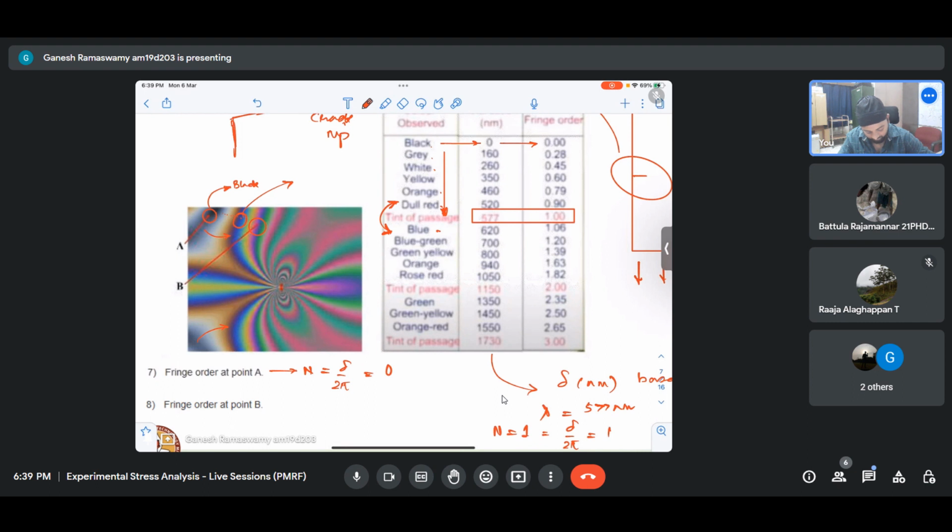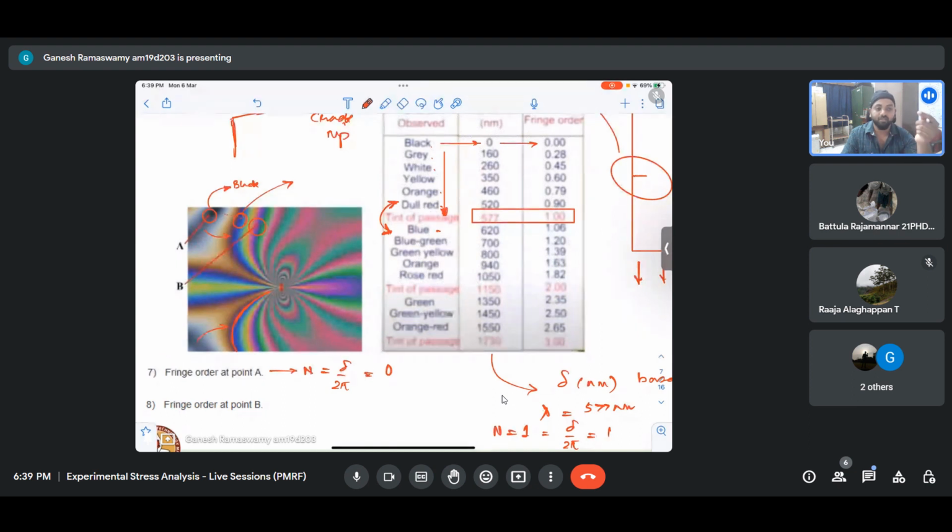In conventional photoelasticity, we can take our calibration table and match the colors to arrive at the fringe orders. But if we replace our human eye with a camera, acquire the image and run many algorithms through it, we can identify at each and every pixel of that image what the fringe order is.